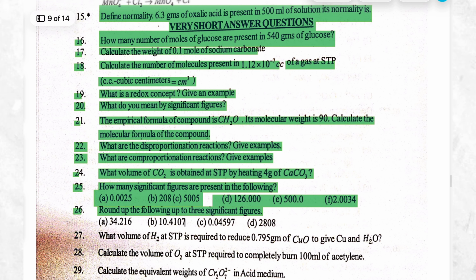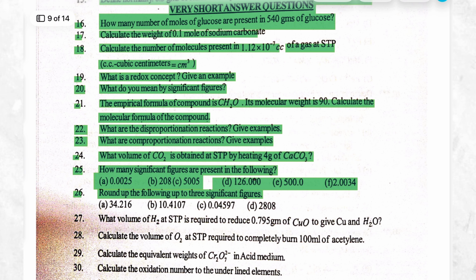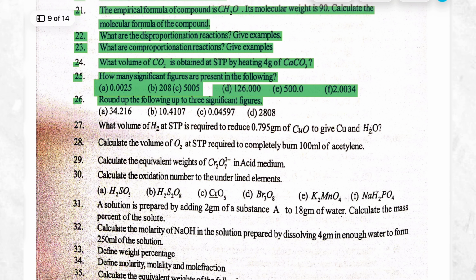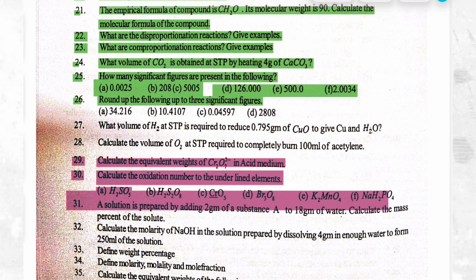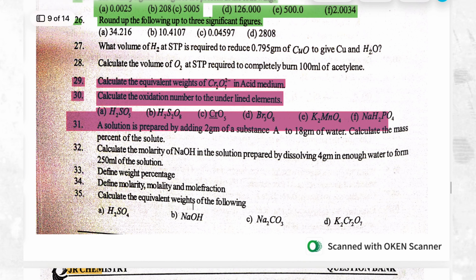Some questions will be asked like this: find the significant figures. These all are important. Don't forget this. And 29 is also important. 29, 30, they are asking directly. Previously we saw it in a SAQ. The same question was asked. Oxidation states, don't forget. Clear? That's it.